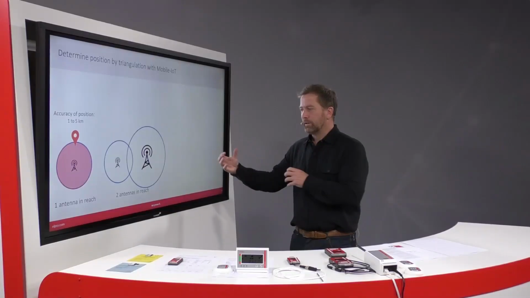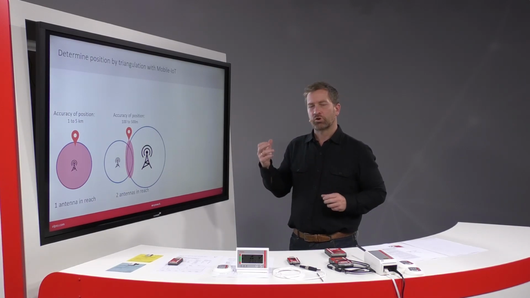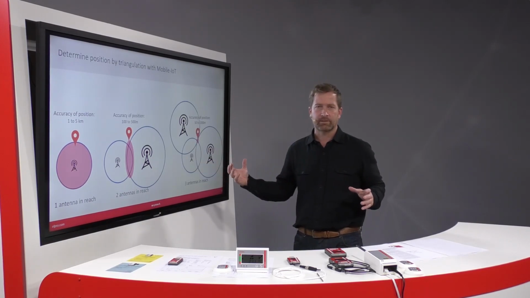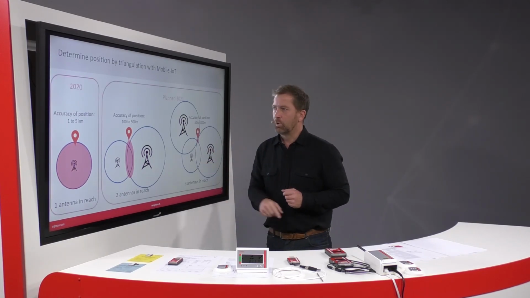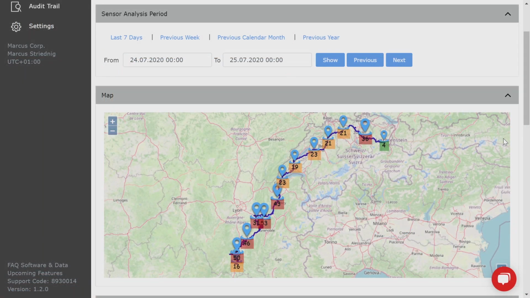If we see two antennas, of course, we can determine the position much more precisely, and even more so if we have 3 or more antennas. At the moment, we only have the antenna position, and the triangulation will be activated in 2021.